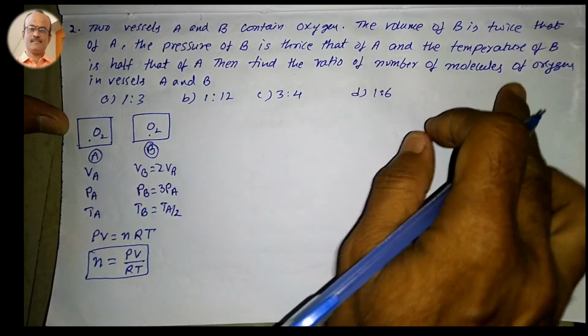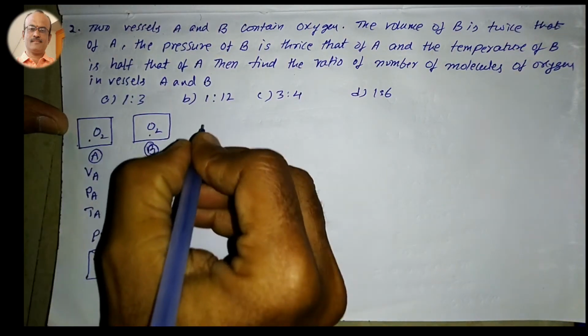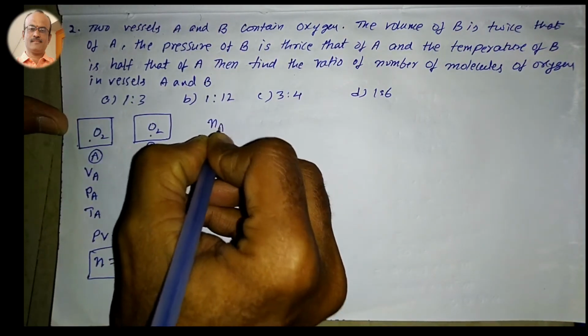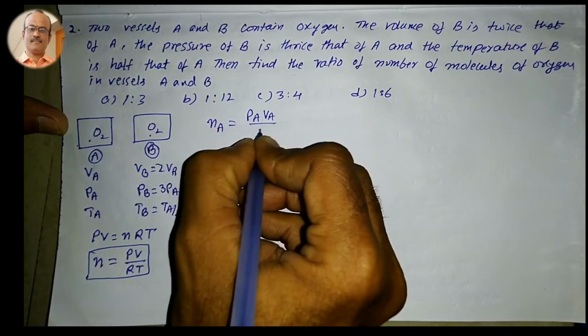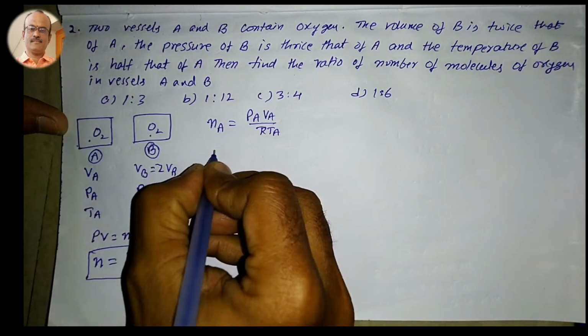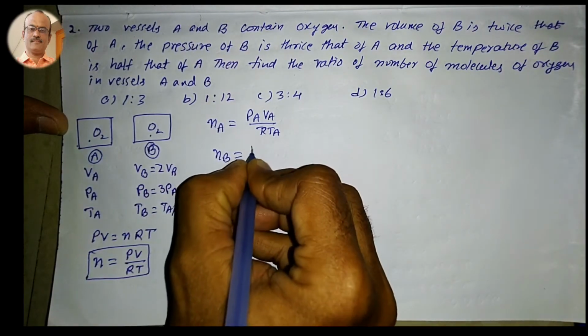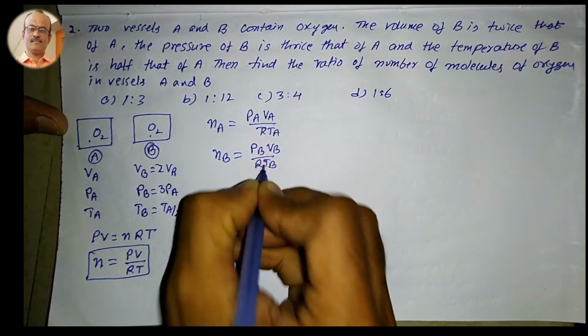So, the ratio of the number of molecules in vessels A and B. First of all, NA is equal to PA VA divided by R into TA, and NB is equal to PB VB divided by R into TB.